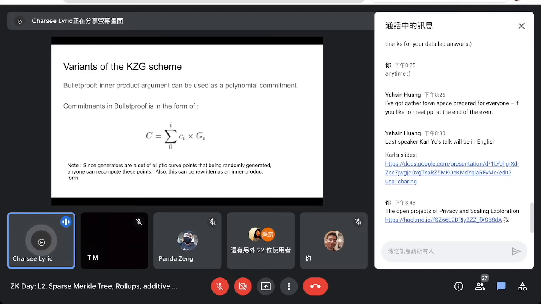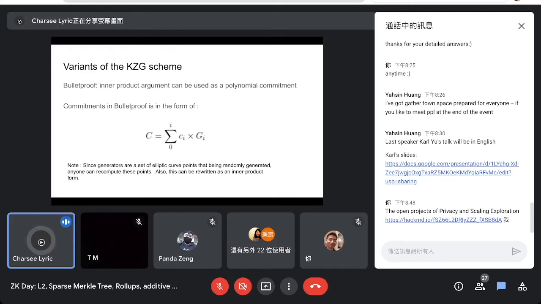Based on the KZG commitment scheme, there are many other schemes that are variations of it, like Bulletproof, which makes use of the inner product argument.